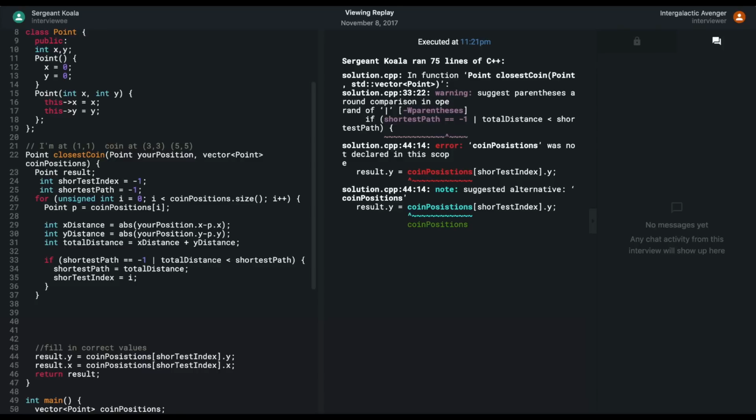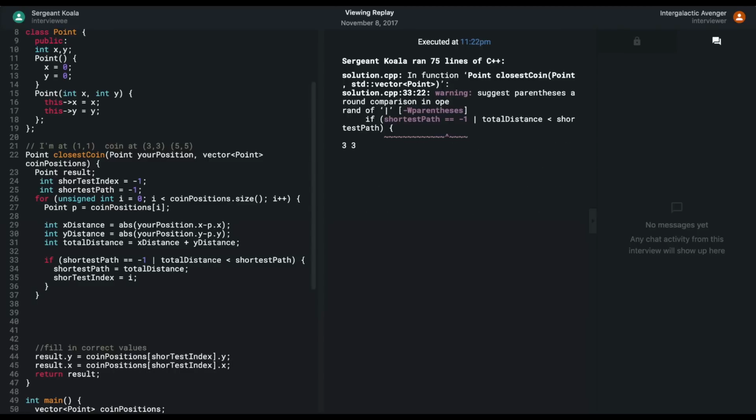And I think also shortest index. Oh, that's actually how it was spelled before. Shortest index. That's fine. Reset. So it returned 3, 3, but this suggests parentheses around comparison, so it just wants... It's just a warning.